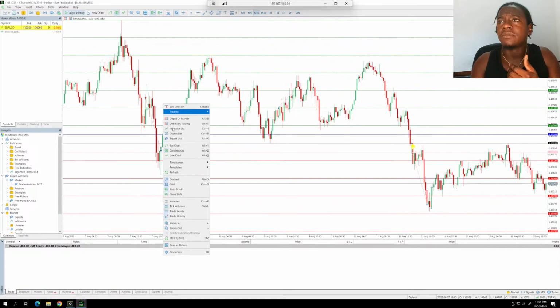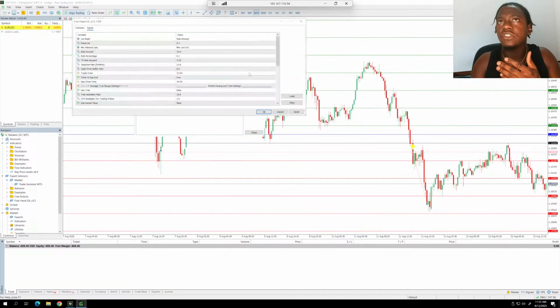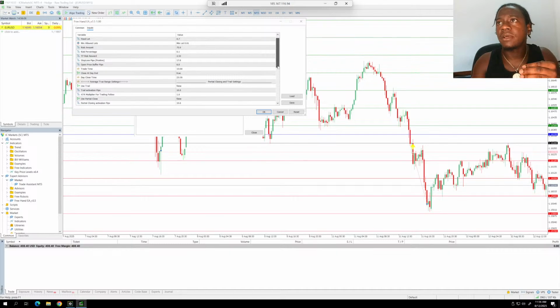Let's double check these settings one more time, just to be extra careful. IC Markets has the right risk amount with $75. This is going to be TP at 2.53, stop loss 17, open price buffer 16. Trade time is going to be 8 a.m. Close at end of the day true, and so on.